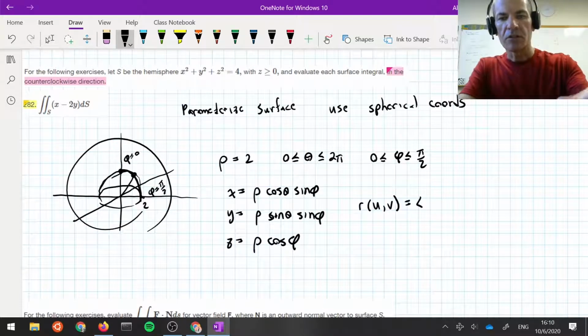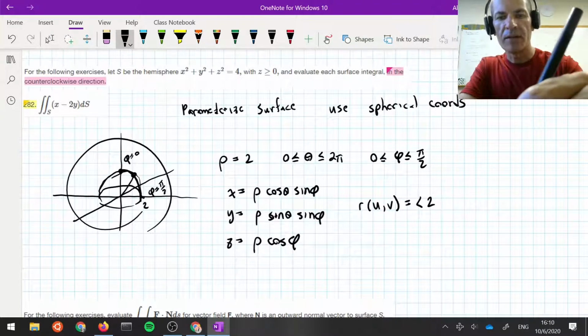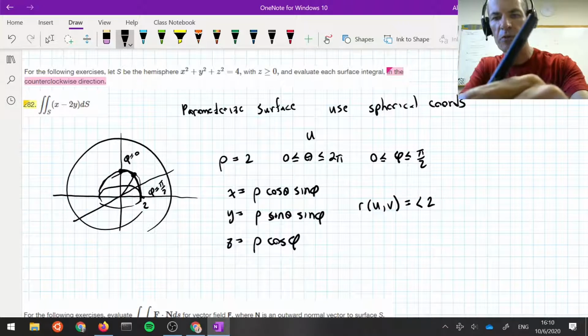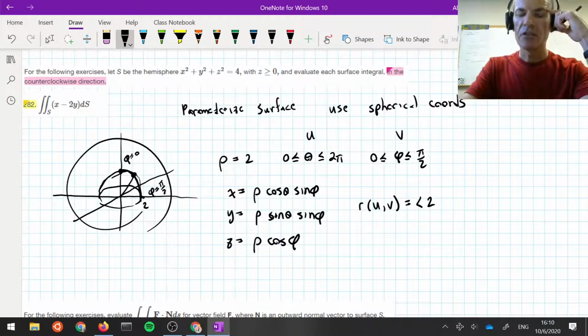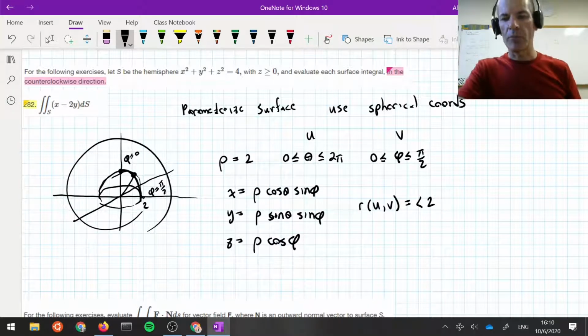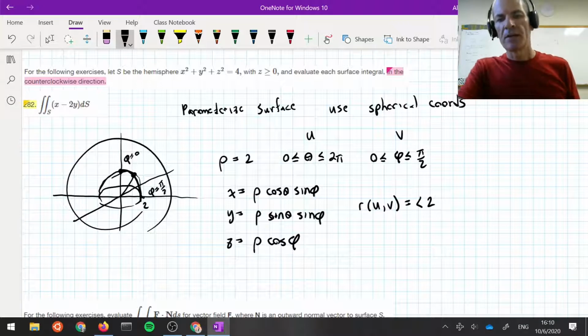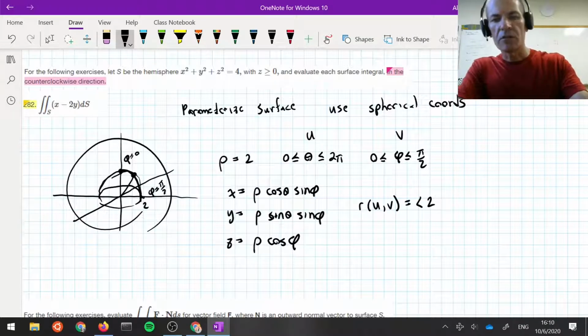Rho is a constant, so we're going to get 2, and then playing the role of theta, we'll let that be u, and playing the role of phi, we'll let that be v. Just because the book uses u and v, and we want to be consistent when we're parameterizing surfaces, we'll always use u and v. Just like back when we were doing space curves, we often use the parameter t. So rho is the constant 2.